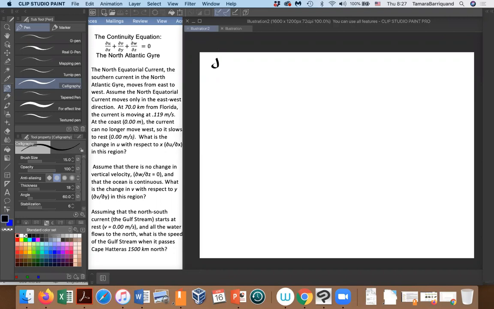Our continuity equation is du/dx plus dv/dy plus dw/dz equals 0.